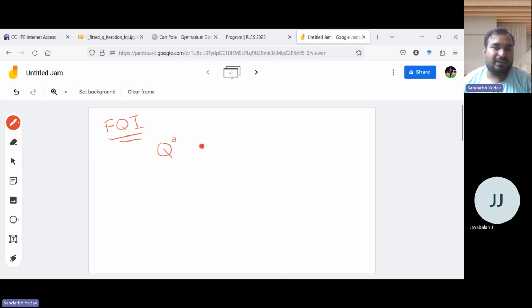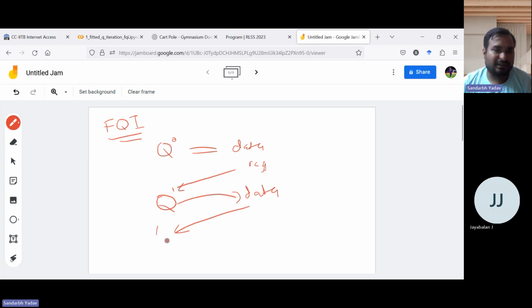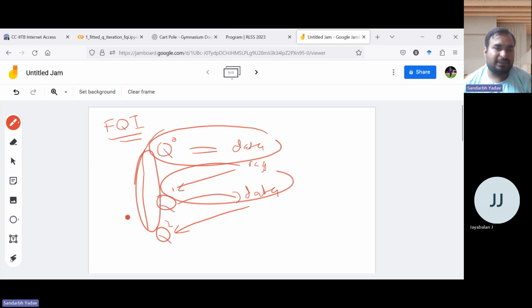Then you collect some data and train a regressor, and this regressor will be your Q1. Again, using this, you collect more data and train another regressor. This will be Q2, and it keeps happening again and again. This is one iteration, then the second iteration, and the iterations go on. That is why it's called fitted Q iteration, because you are fitting a regressor. It can be a classifier also, but we are using a regressor.